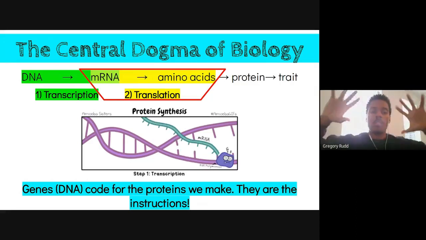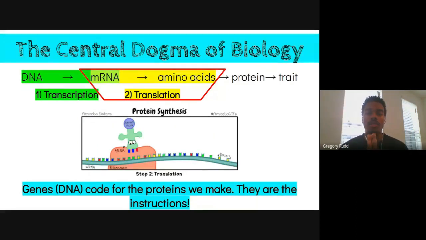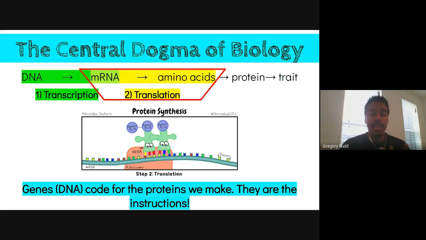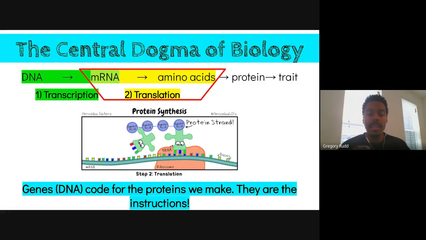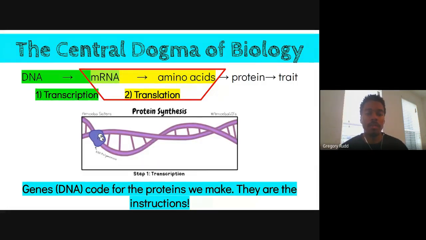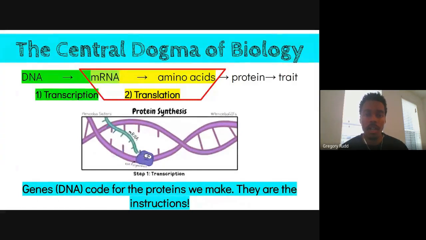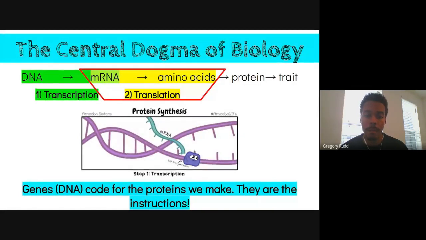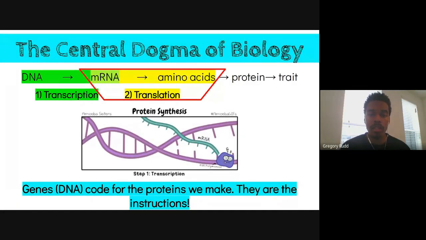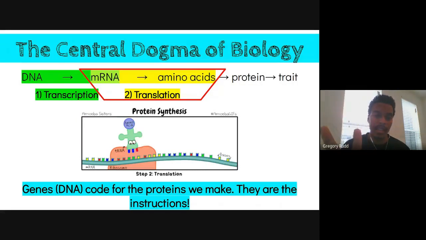This is all a part of the central dogma of biology, the most important concept of the study of life, which is that DNA codes for the proteins that our cells make. Meaning DNA is the instruction manual to make all of the different proteins that carry out most of the functions needed for life. So this is an unbelievably important concept. Today we're talking about the second part of it, which is translation.